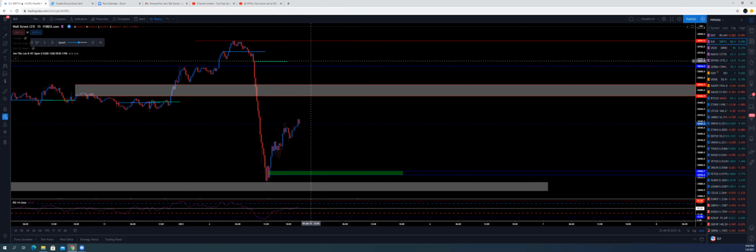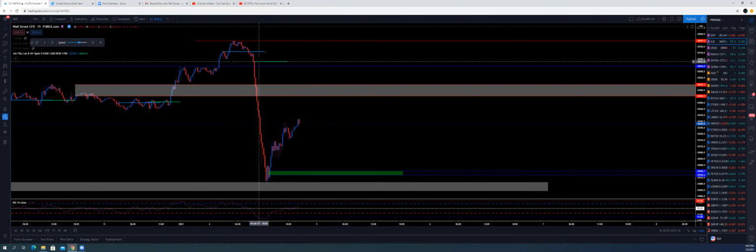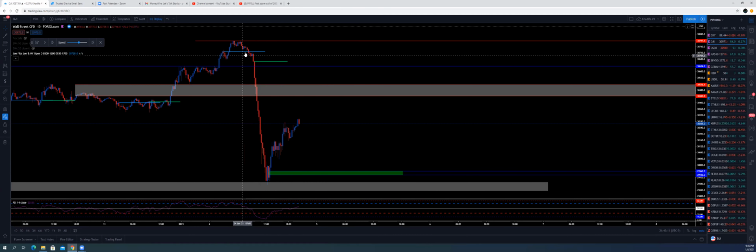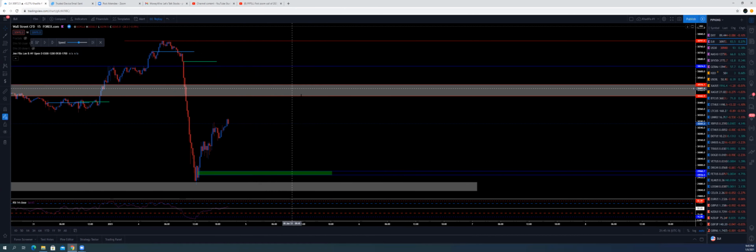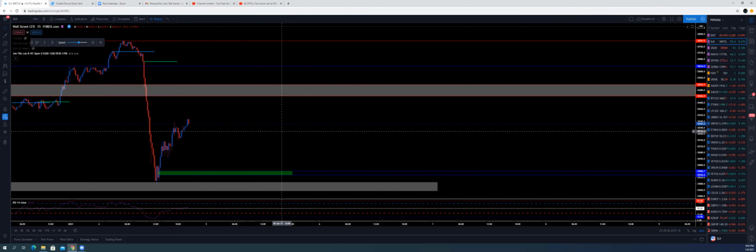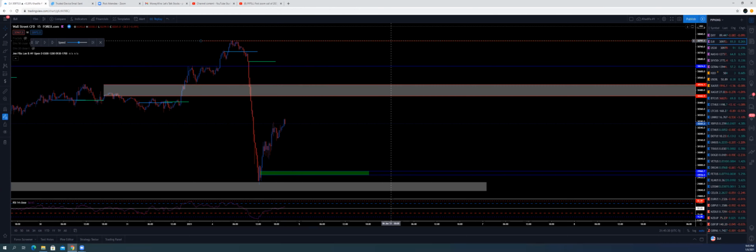So I told you guys that I did expect for U30 to come up here and retest Monday's open, Monday's New York open and Monday's London session open. However, I told you that I did expect to see a reaction off of this structure. So we wanted to sell here and then look for the swing low and then look for U30 to continue to push to the upside.